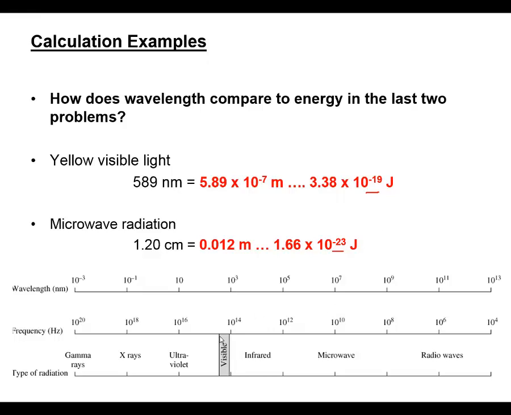If we look at visible light on our spectrum, the left-hand side is high energy, and the right-hand side is low energy. We can see that the visible light is higher in energy than the microwave radiation based on our electromagnetic spectrum.